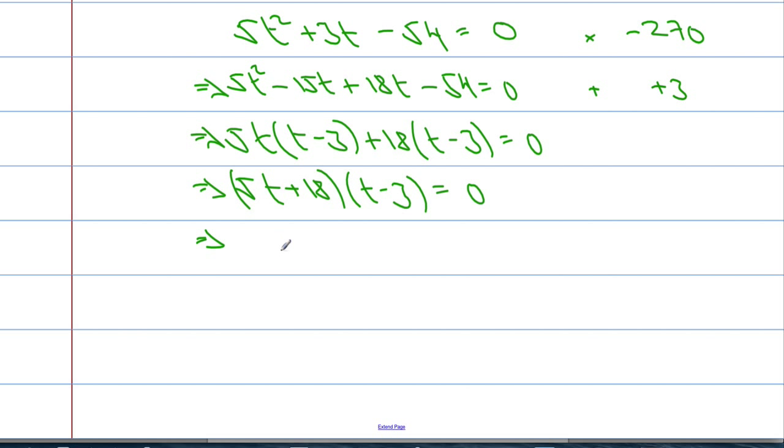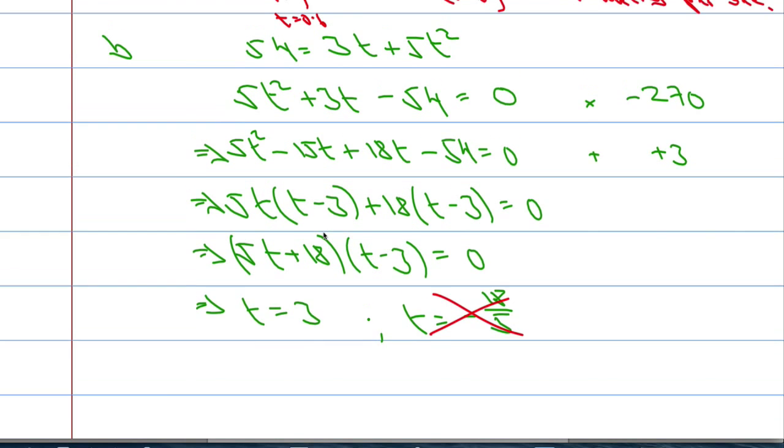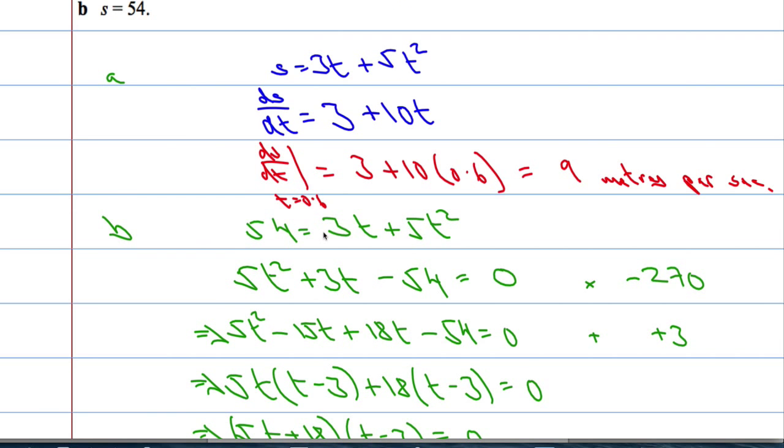And what are the options we have? t could equal 3, or t could equal negative 18 over 5. Well, we can't have a negative time, so it can't be that. So we're looking at when time is equal to 3. So what is the derivative when t equals 3?